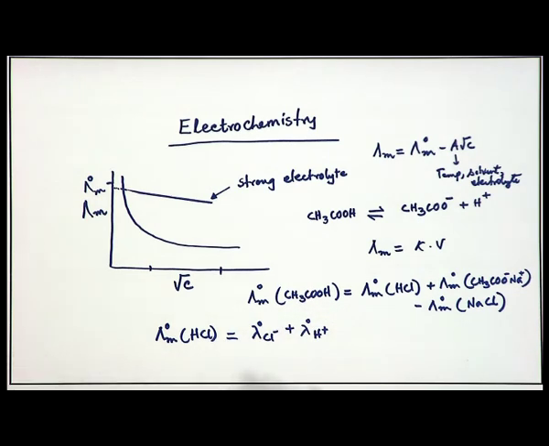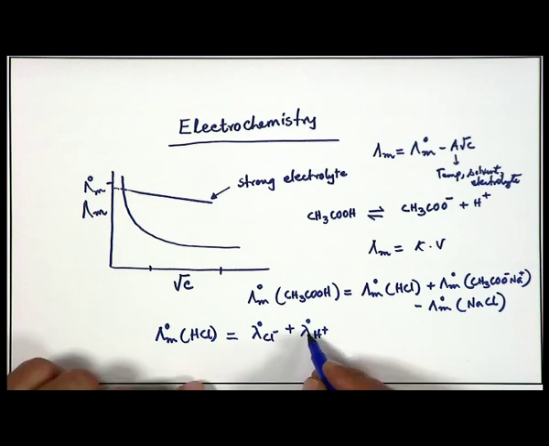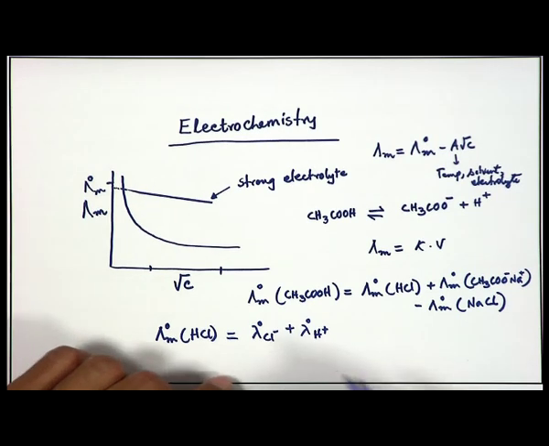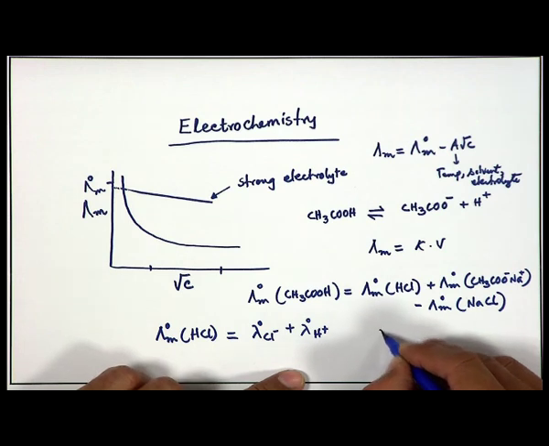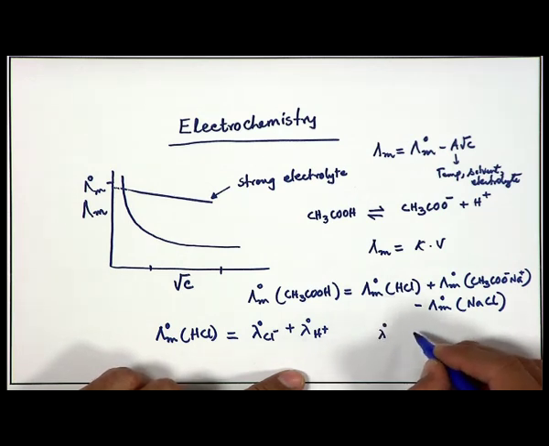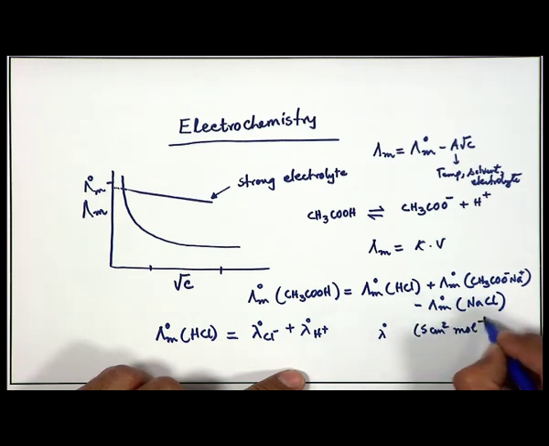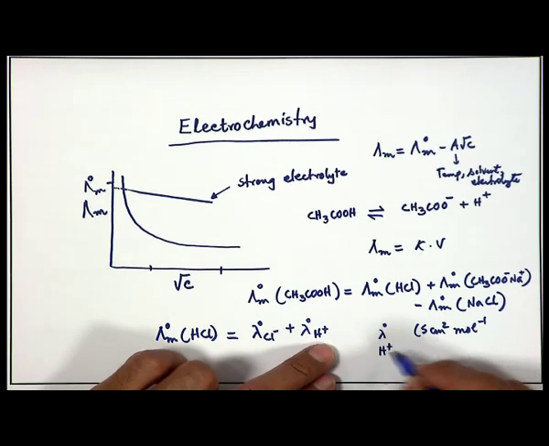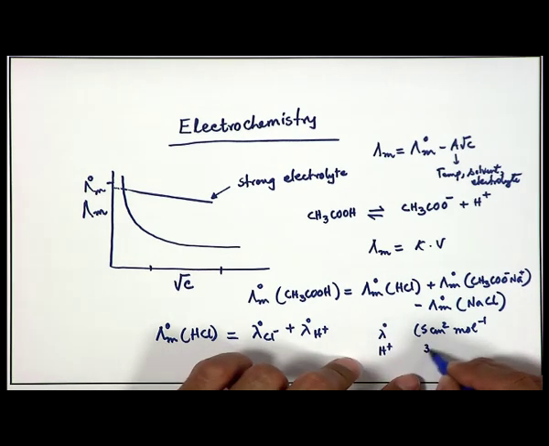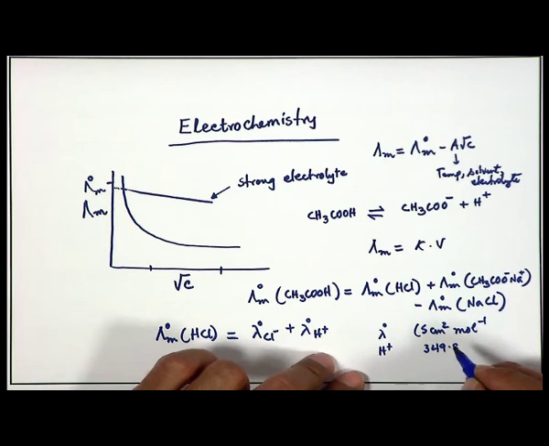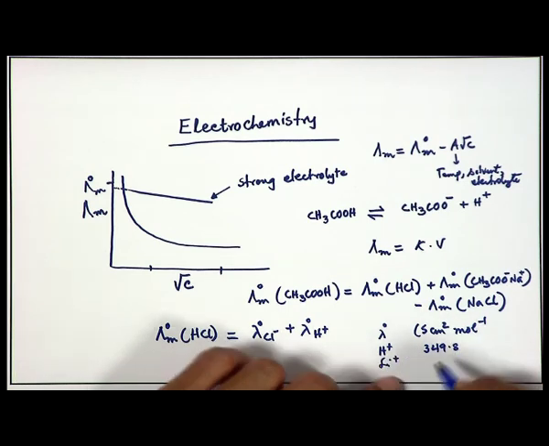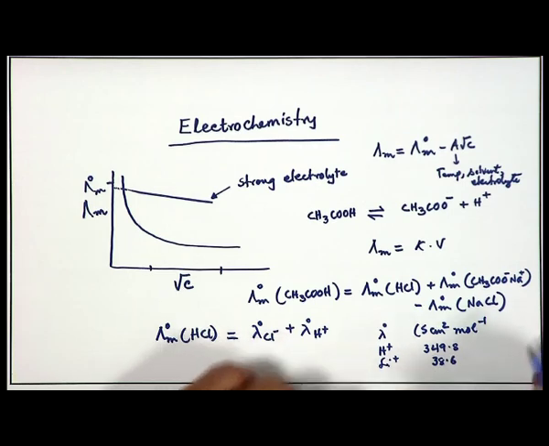And a few values for this lambda 0, that is the molar conductance at infinite dilution, we can write like this: lambda 0 for various ions at infinite dilution, where the unit is Siemens centimeter square mole inverse. Where ion is, say for example, H plus, its value is 349.8, then for example, lithium plus, its value is 38.6.